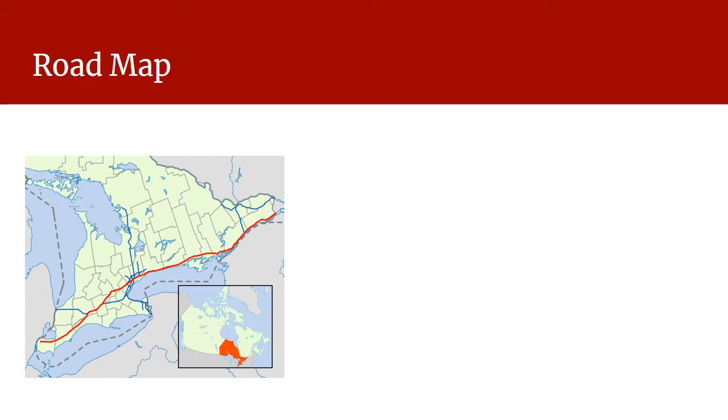So for example, here's a road map of southern Ontario in Canada. With this road map, the driver of the car will know that they're going to start near Windsor, Ontario, which is near Detroit, Michigan in the United States. They're going to drive across the peninsula.